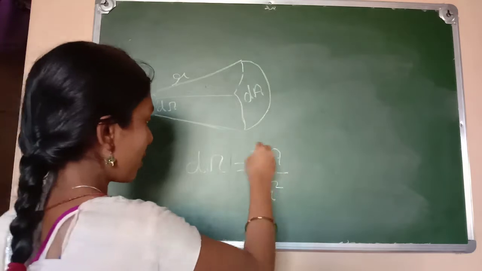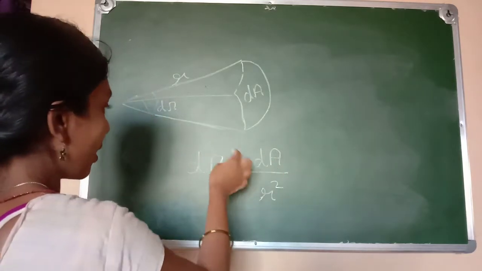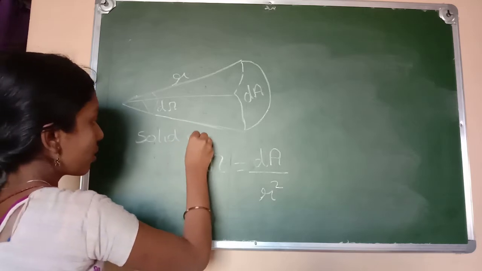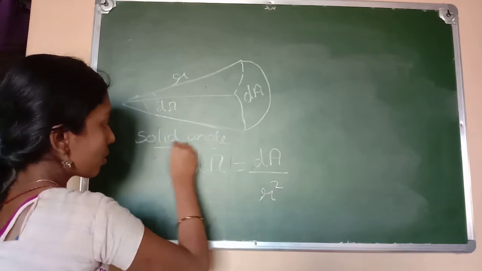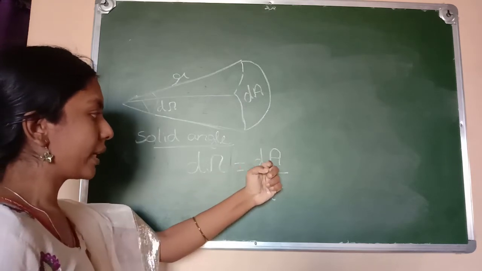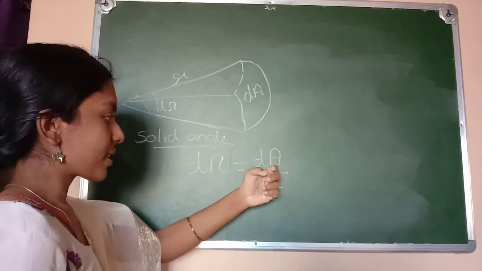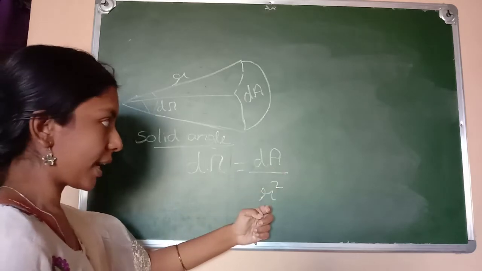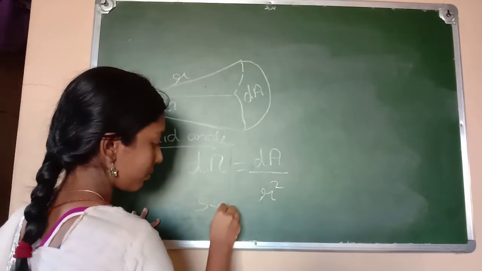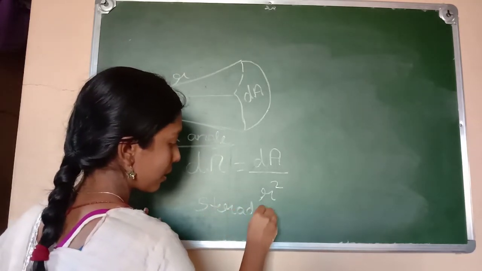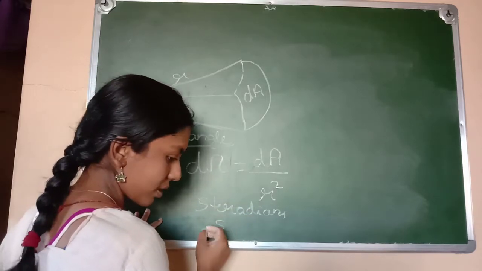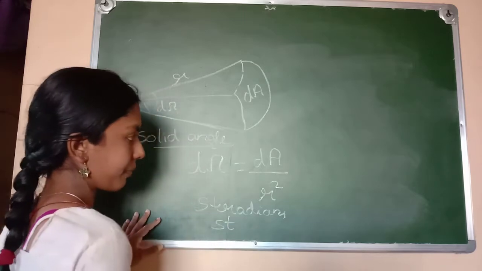So let me write this as solid angle d omega, which is equal to dA, that is the surface area, divided by the square of the radius, and this is expressed in steradians. The unit of d omega is steradians and the symbol is sr.